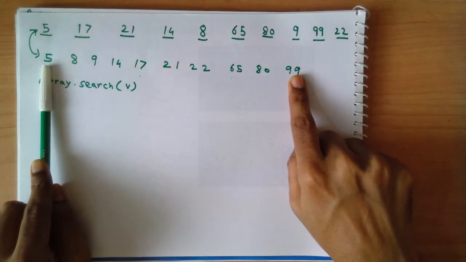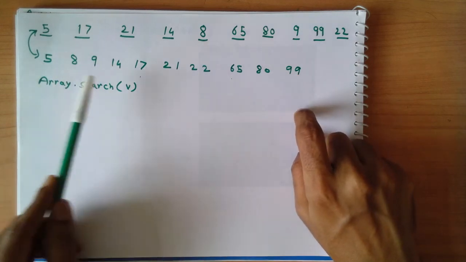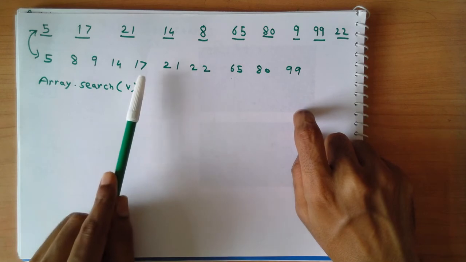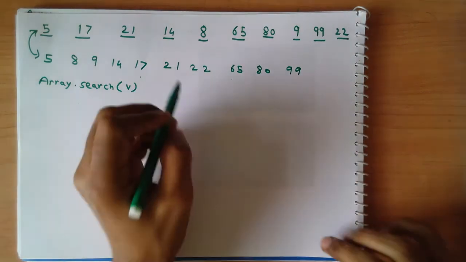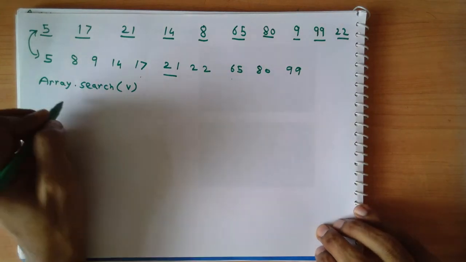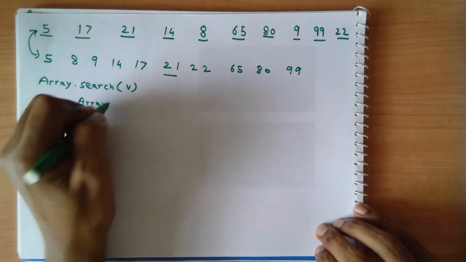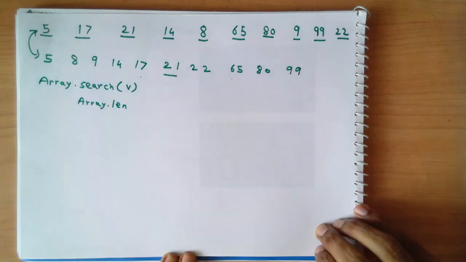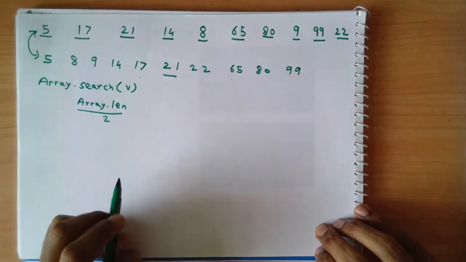And if I go to the middle, so I can go to 1, 2, 3, 4. So 0, 1, 2, 3, 4, 5. Okay, so I can go to this particular index, right? So what I will do is that I will take my array dot length and divide it by 2.